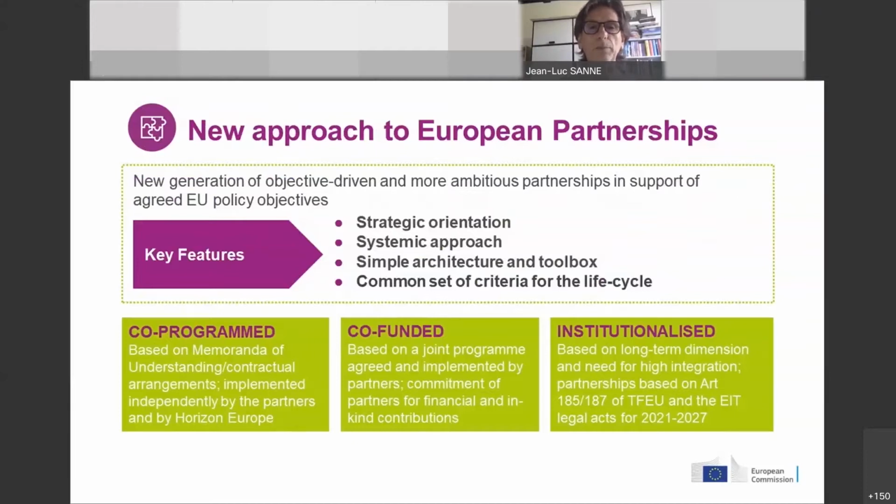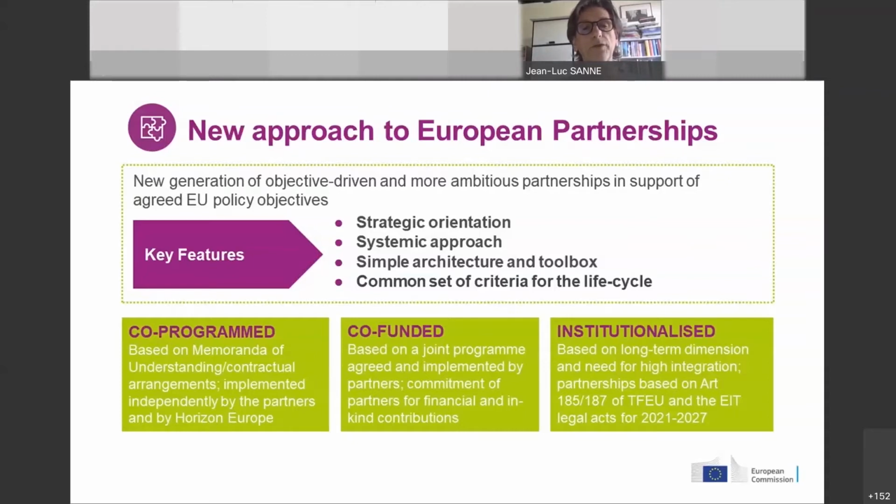When we think about the European partnerships, you have key features that are in all partnerships: strategic orientation, systemic approach, simple architecture, common criteria. But we have 3 different types of partnerships. We have the co-programmed partnerships, where the EU pays for the networking and coordination, and the member states try to align their programs.